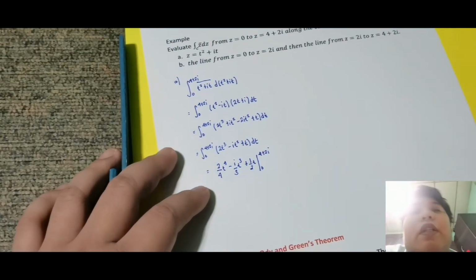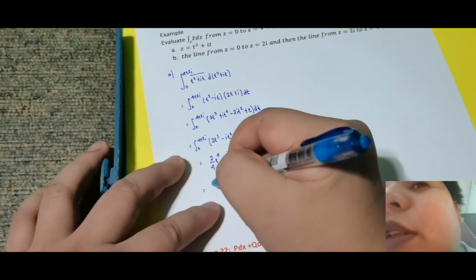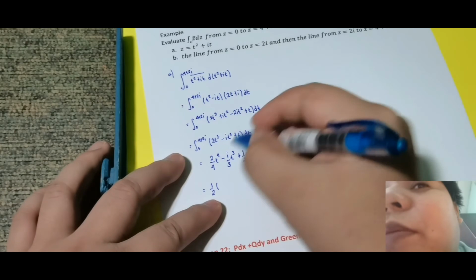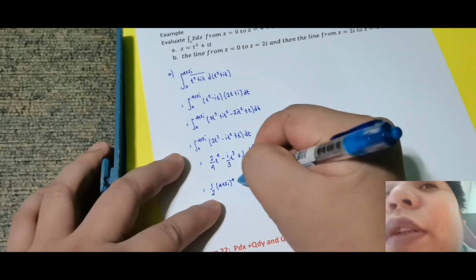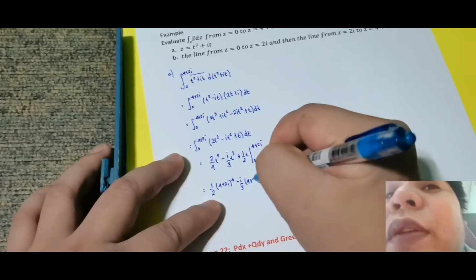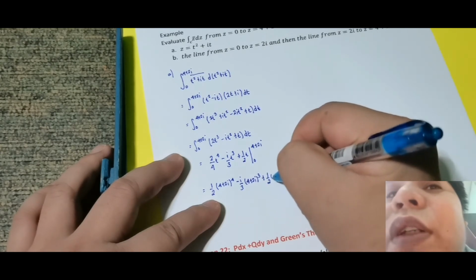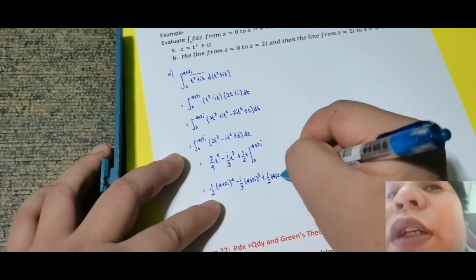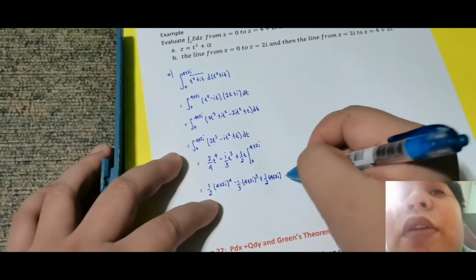Okay, so syempre literal, papalit natin yung 4 plus 2i dito. So this is simply equal sa 1 half ng 4 plus 2i raised sa 4, minus i over 3 ng 4 plus 2i raised sa 3, plus 1 over 2 ng 4 plus 2i squared. Okay, then minus 0 kasi mawawala lahat yun.